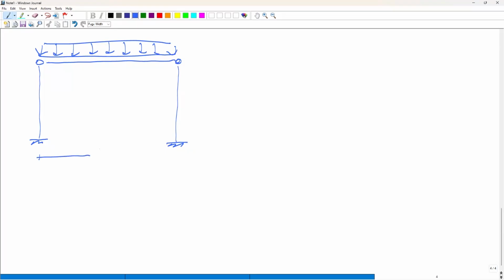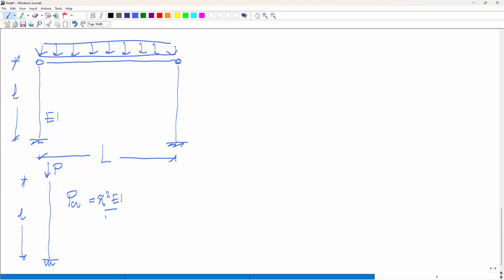And this was the span L. And if this is EJ, we said that this column can be schematized like this. And the critical load is, in this case, pi square EJ over 4L square.